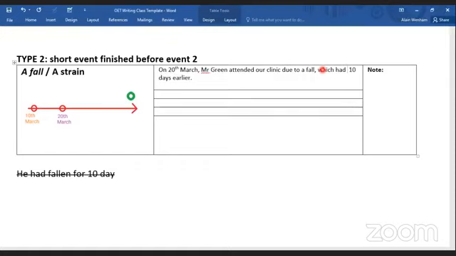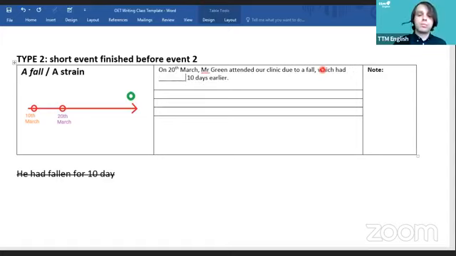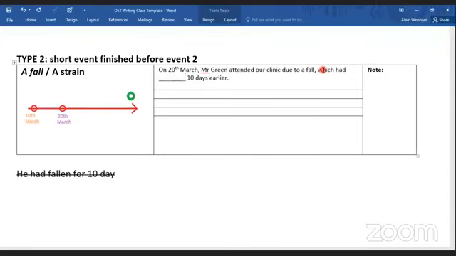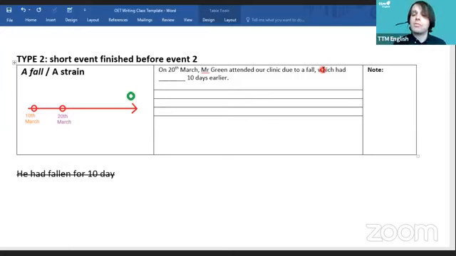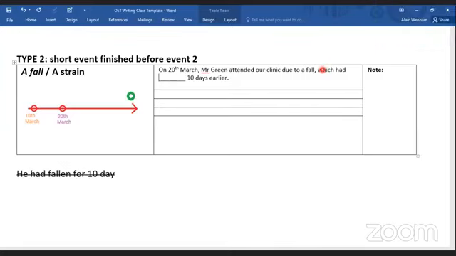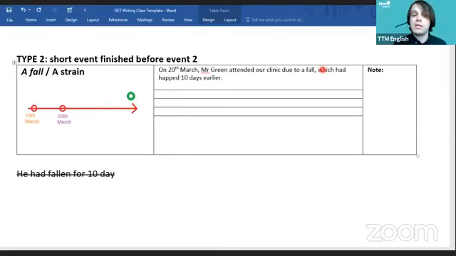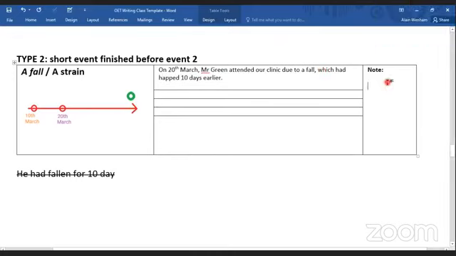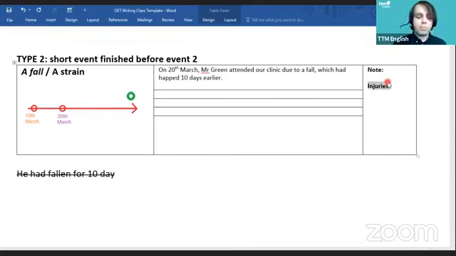I can't say fall, but I could say something meaning an action. What's the word for action? Which had happened. Which is very useful for any kind of injuries, right? Injuries use happen. Okay.